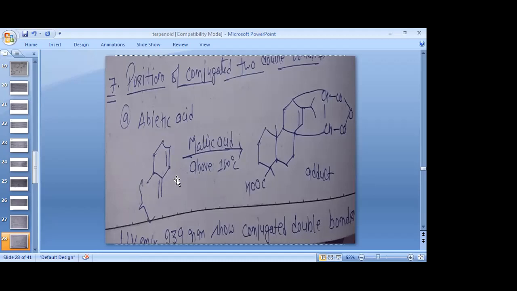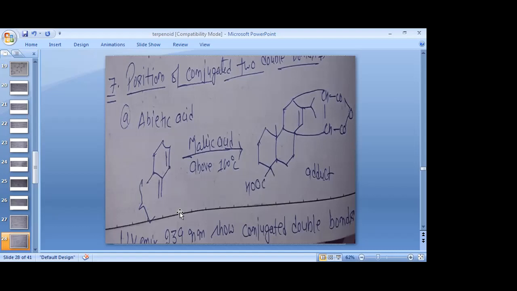When abietic acid reacts with maleic anhydride at above 100 degrees Celsius, it converts into an adduct, where one carbon attaches at this position and the second carbon attaches at this position. So this type of adduct forms.